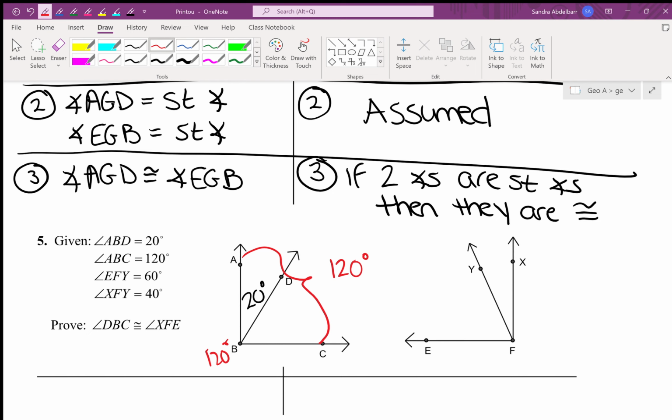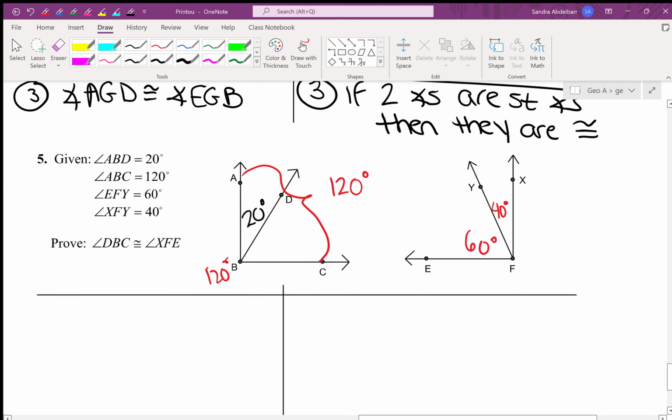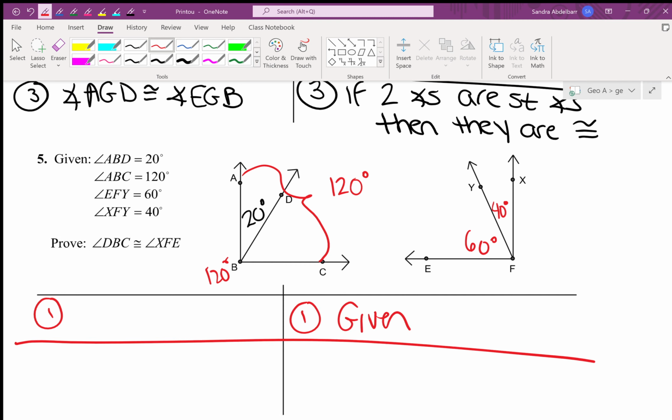Next one, it says angle EFY is 60 and angle XFY is 40. Right, you all know the first thing we have to do is write down our given information. To save time, I'm not going to write it all out. Now, moving forward, we want to show that angle DBC, which is this angle right here, is congruent to angle XFE, that angle right there. Do we have a measure for angle DBC?